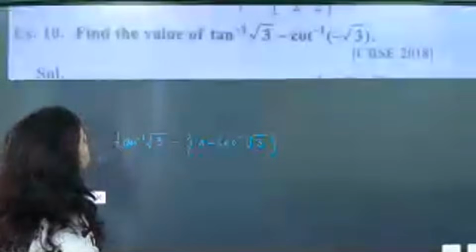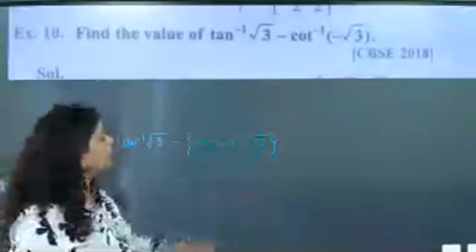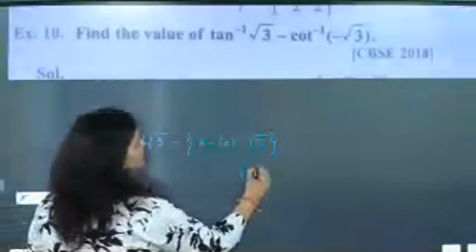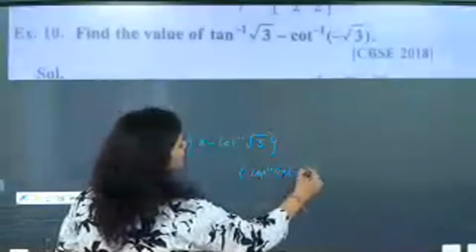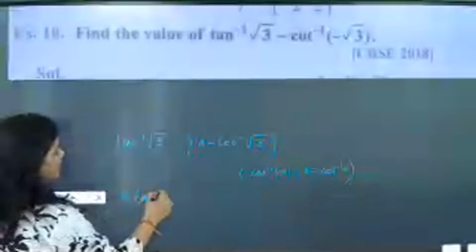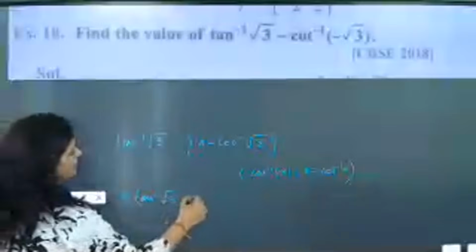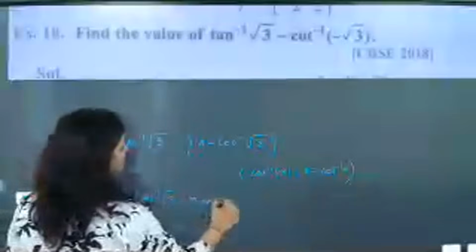Here pi minus, because we know the formula cot inverse minus x is pi minus cot inverse x. Now we take this out in the bracket. It will become tan inverse root 3 minus pi plus cot inverse root 3.